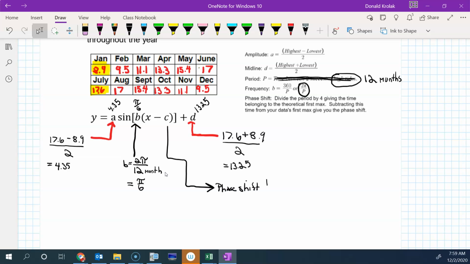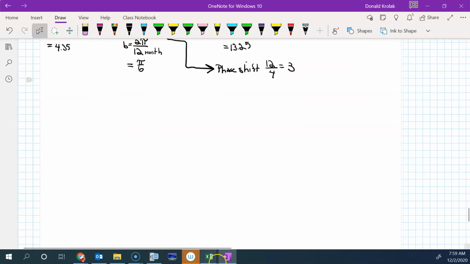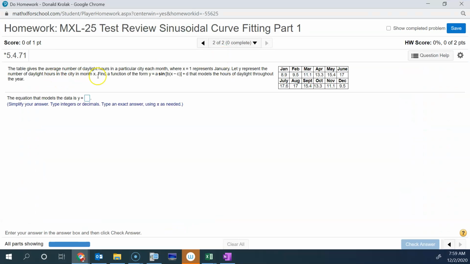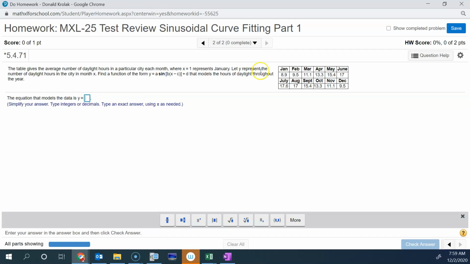Let's see, so this is going to be 12 divided by 4, which is 3. And on this problem, I don't think we have to do a phase shift. Let's look. So our period here starts at January, and we're starting at January.